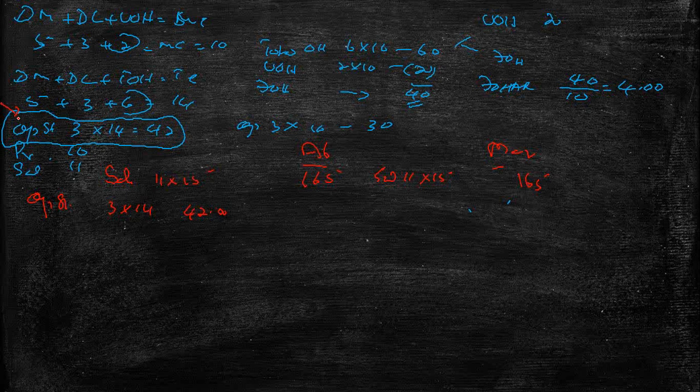Similarly, can you tell me the marginal cost in opening stock? The same number of units, 3. What is the marginal cost per unit? 10. How do you get the marginal cost? Direct material, direct labor plus variable overhead.